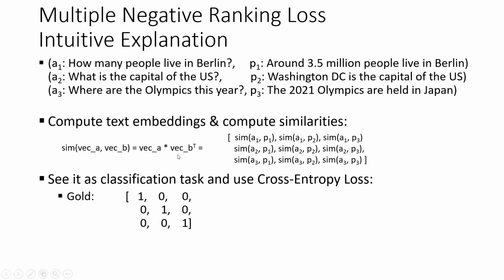And then you get a big matrix where you have here the similarity of A1 with all the P's, and here the similarity of A2 with all the P's. And then you do a cross entropy loss. Our gold label is where we have the ones on the diagonal. So for the first question, the first answer is correct. For the second question, the second answer is correct. And for the third question, the third answer is correct.